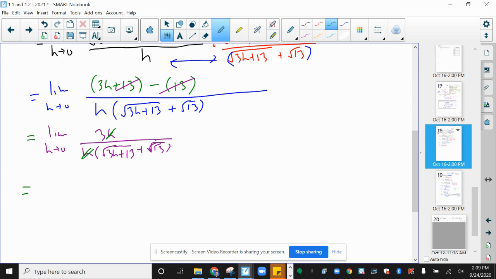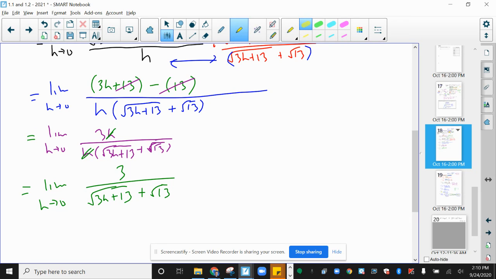Because there was a factor of h in the top and bottom that were hidden. Okay, but we did all this work. They revealed themselves. So now we no longer have that problem. We have this new limit, and now we answer the new limit problem.